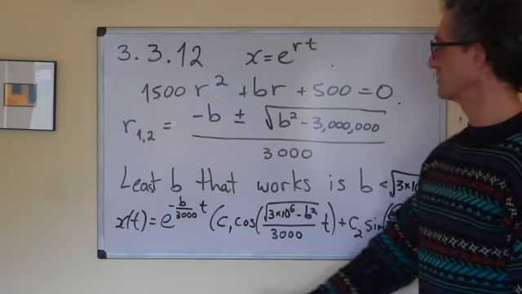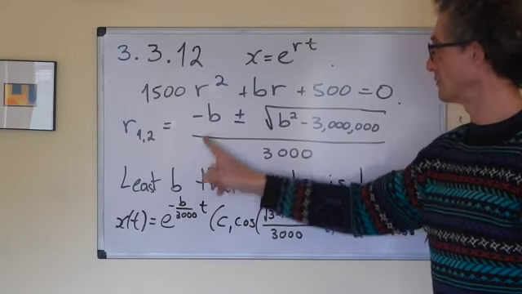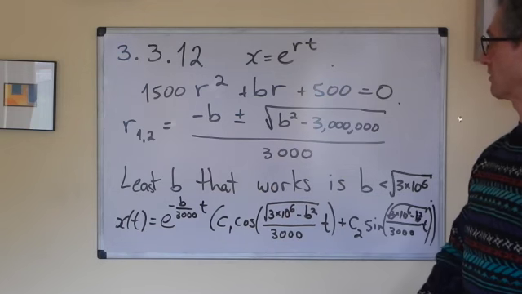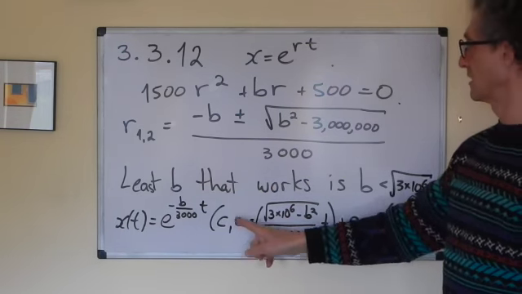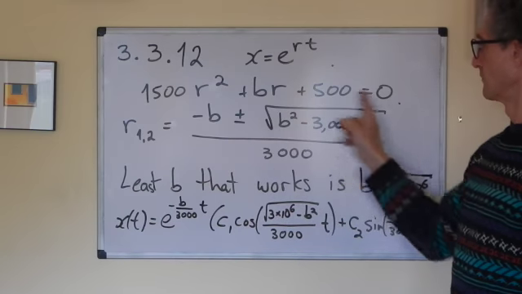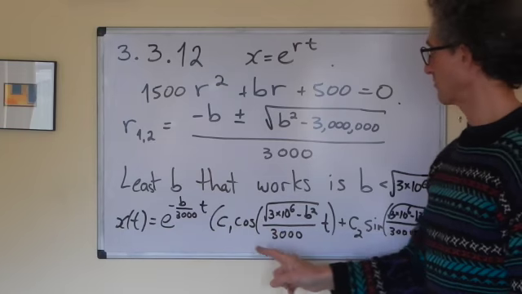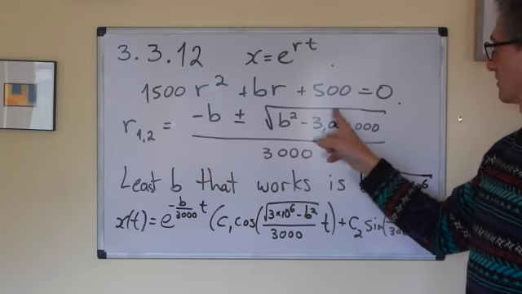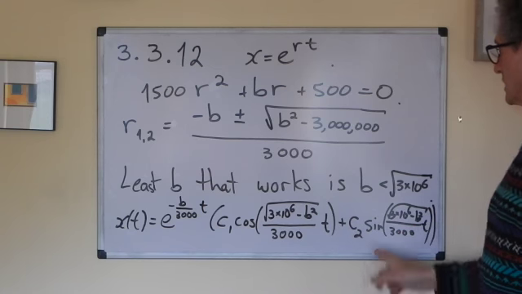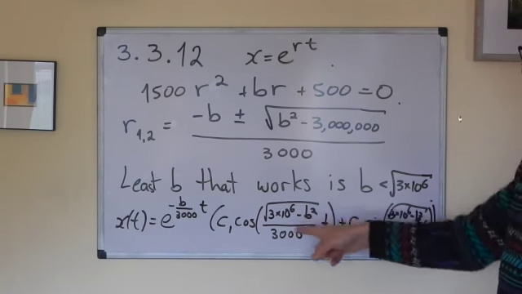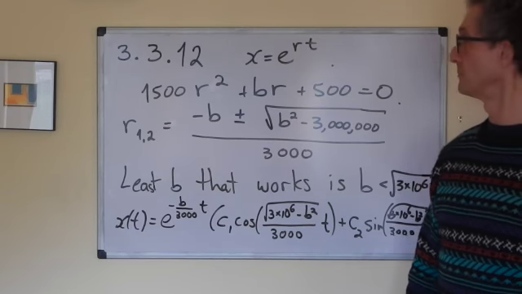And so we get a solution that's x equal to e to the minus b over 3000 t. And then for the part that involves the square root of minus 1, we have cosine of what's in here times t, and sine of the same term involving t.